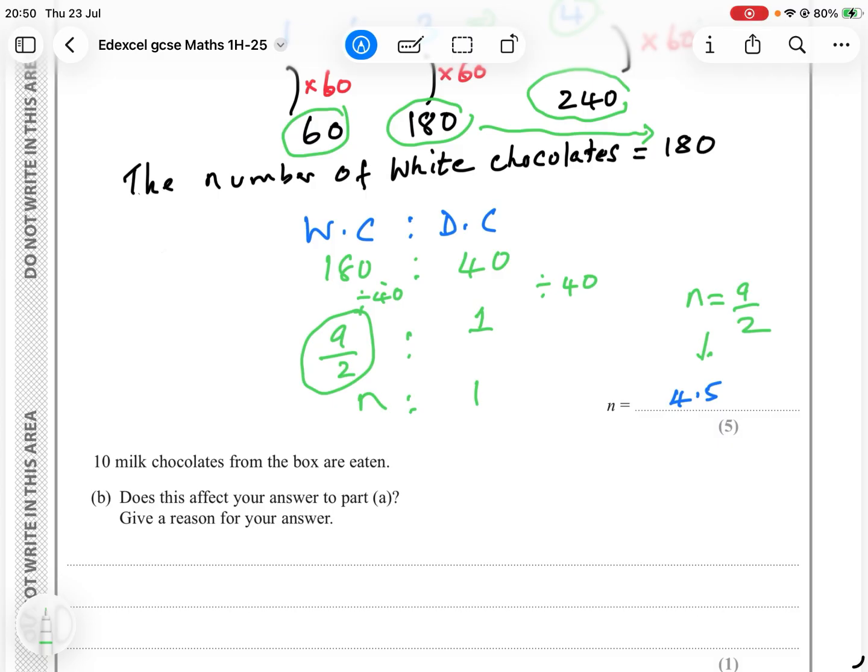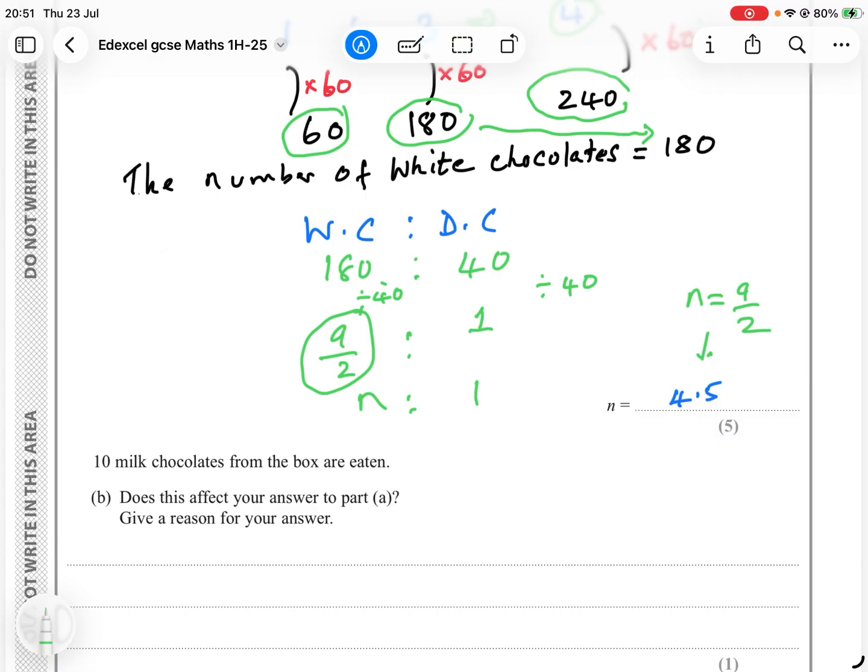10 milk chocolates from the box are eaten. Does this affect your answer to part A?